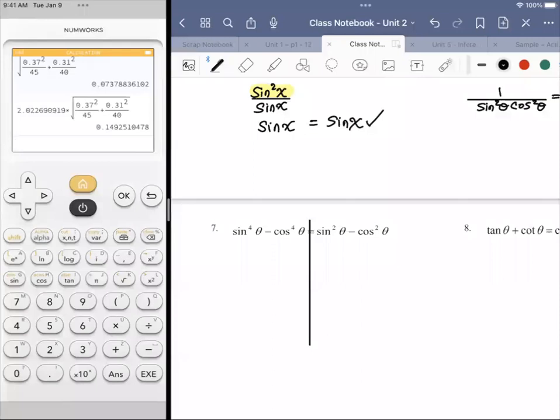This is a difference of perfect squares. So for example, if I had something like x squared minus y squared, that would factor to x plus y, x minus y. As long as the powers are even, you could use this technique.